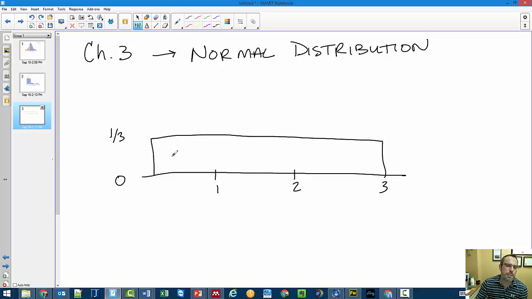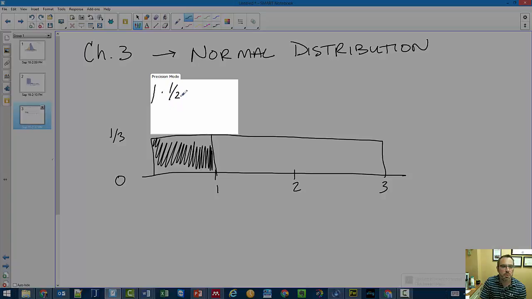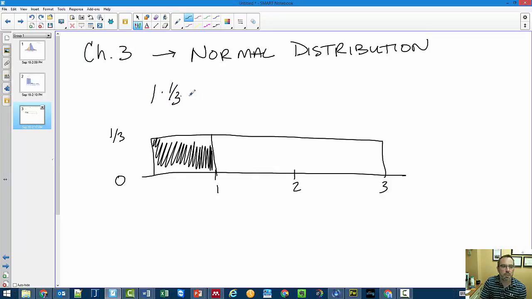The idea is that just using normal measurement, I can find the area under that curve right there that I've highlighted. From 0 to 1, I can find that area because it's 1 times 1/3, which equals an area of 1/3.